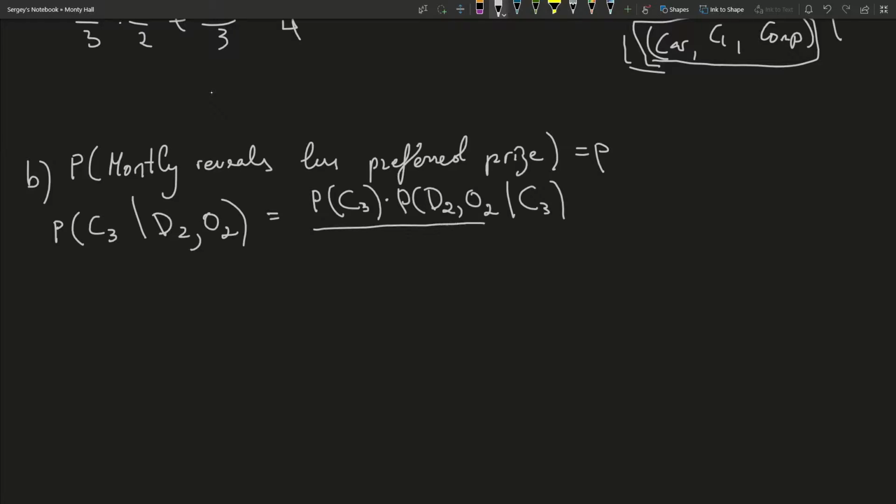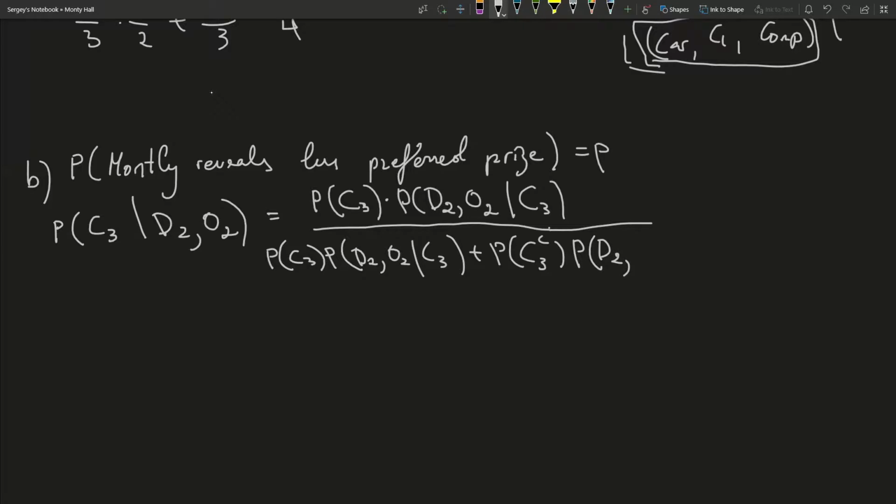Now in the denominator we apply the law of total probability, so we just copy this numerator, the probability of D2, O2 given C3, plus the probability that the car is not behind door 3, times the probability that Monty opens door 2, revealing a computer, given that the car is not behind door 3.